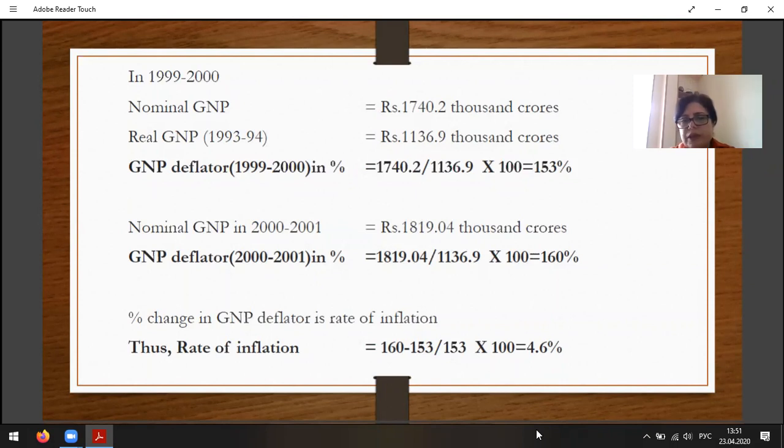So how to find the GDP deflator? You need to divide these two numbers and multiply the result by 100. The calculations show that this index is about 153.